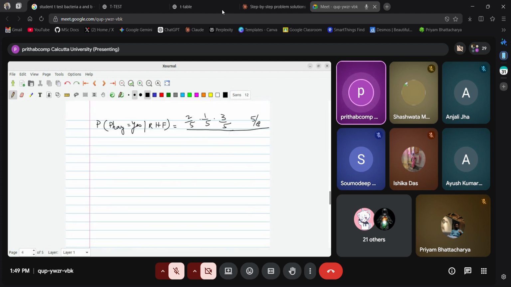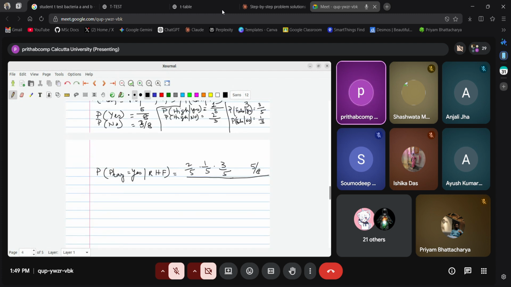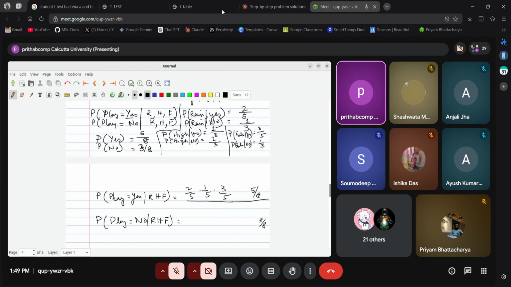So simply what we can do is compare among them, play equal to no and RHF, what this value comes out to be. In this case, it is 3 by 8, the no part, and all this no part I have to combine. So that means 1/3, 2/3, and again 1/3, right?